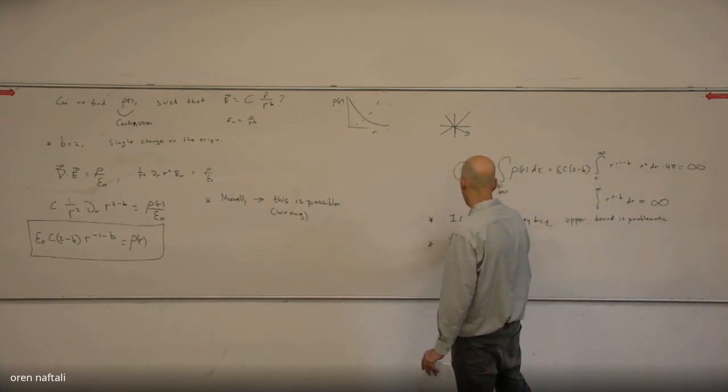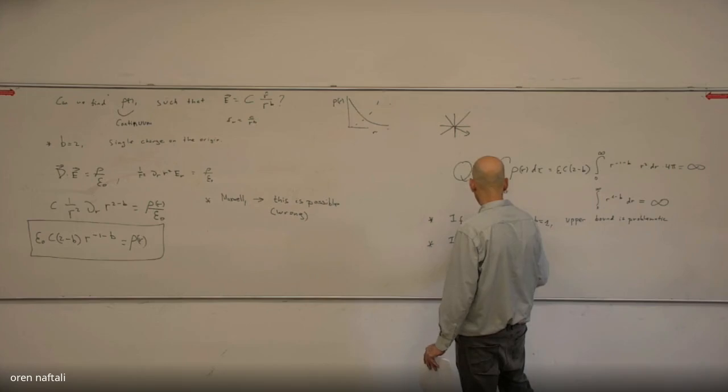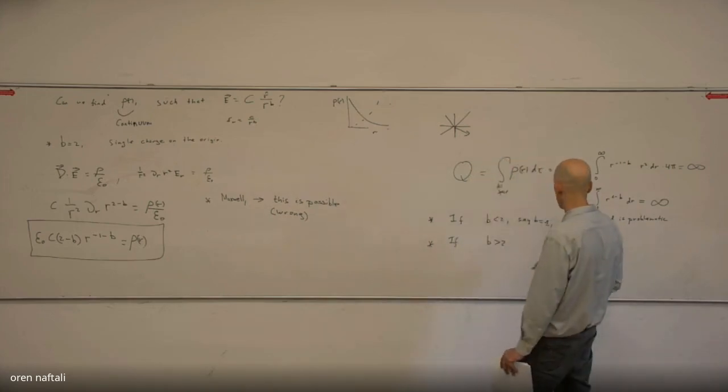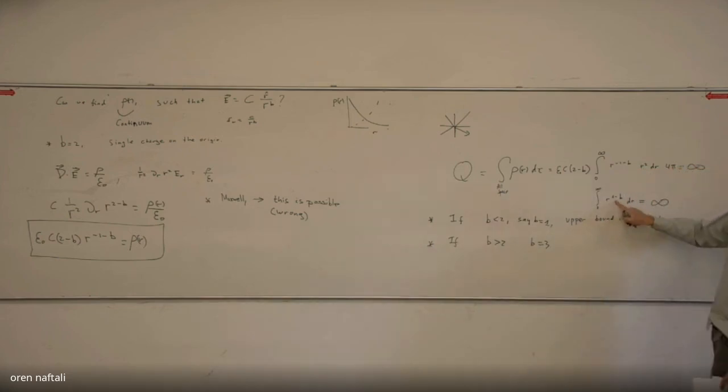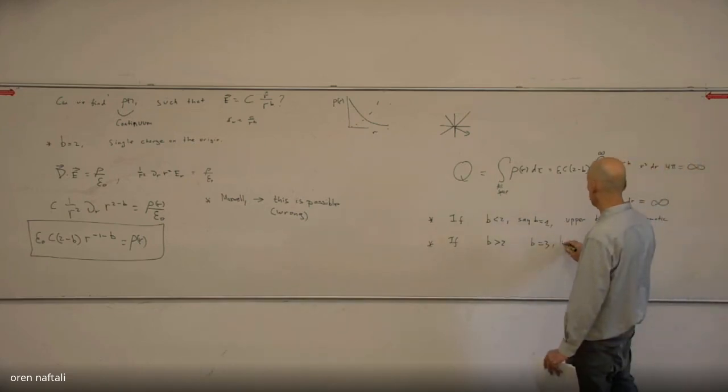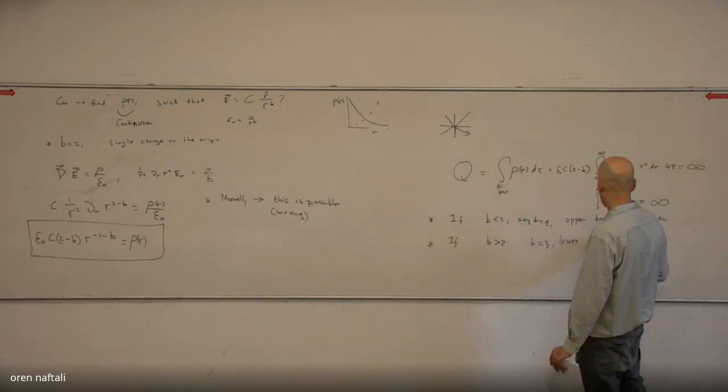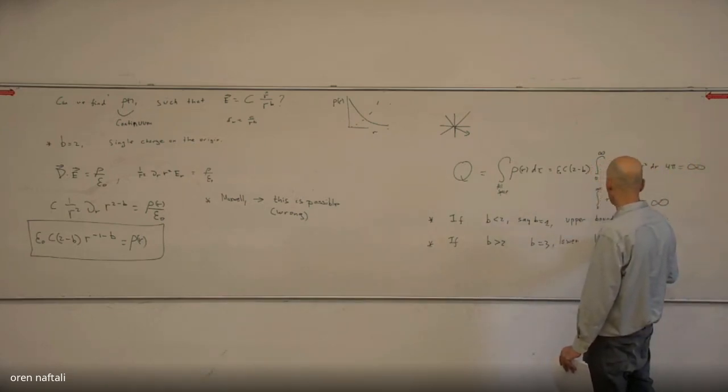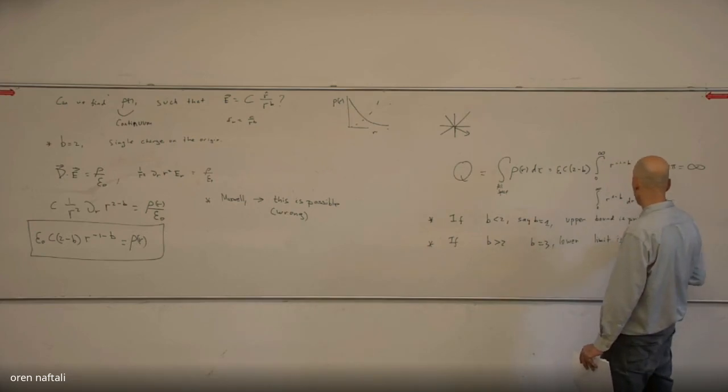If beta greater than 0, for example, b equal 3, then I have here r to the power -2. Integral over r at lower limit is diverging. The lower bound, I call it bound, but it's problematic.